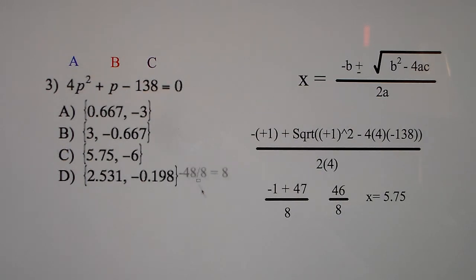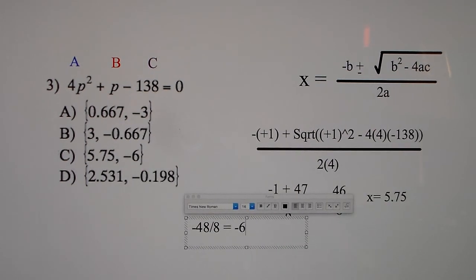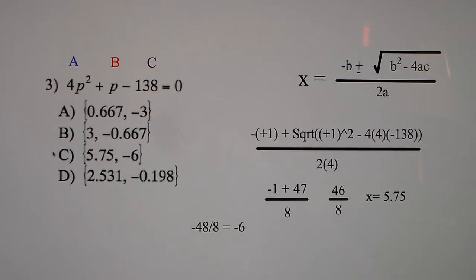Pardon me, that didn't make sense. Negative 48 divided by 8 is negative 6. That makes more sense. Sorry. Negative 6. So number 3, the answer is C. 5.75, comma, negative 6.